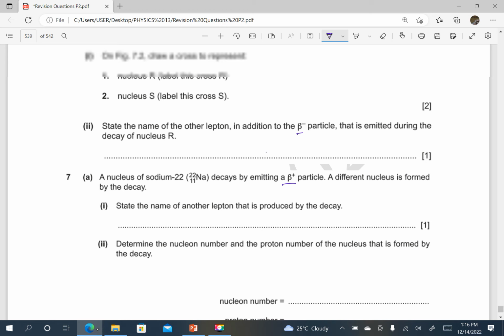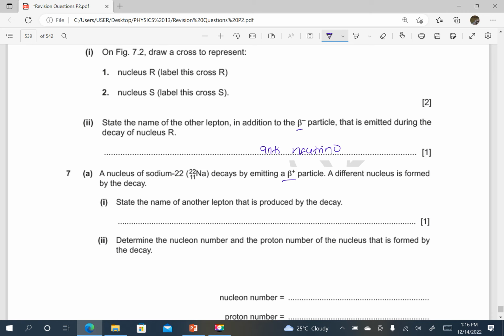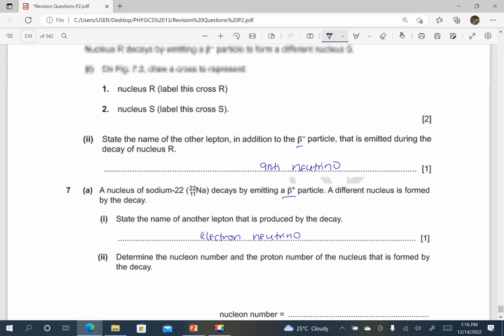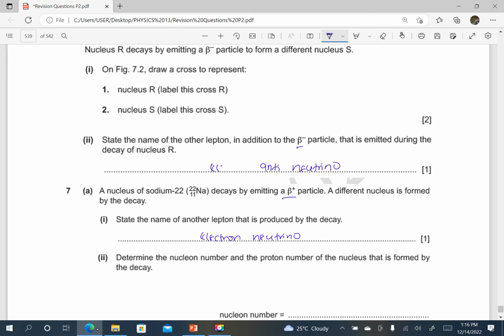Beta minus, that is antineutrino, and then beta plus, that is the neutrino. Or sometimes you just write electron neutrino or electron antineutrino. Beta minus, antineutrino; beta plus, a neutrino.